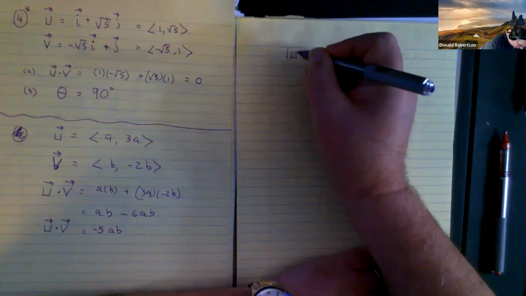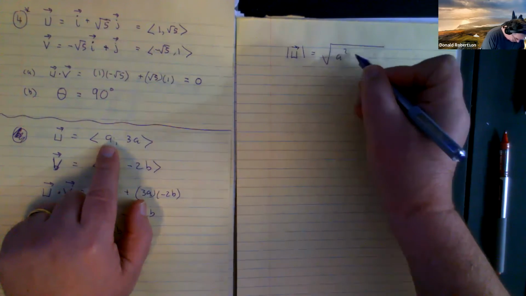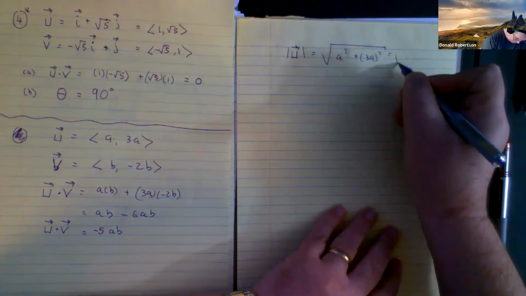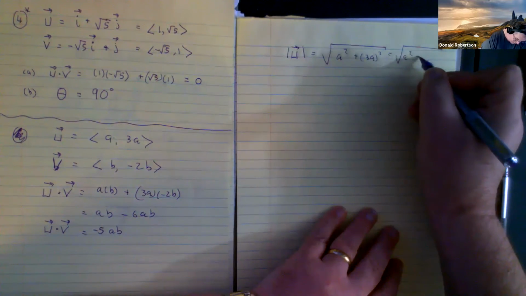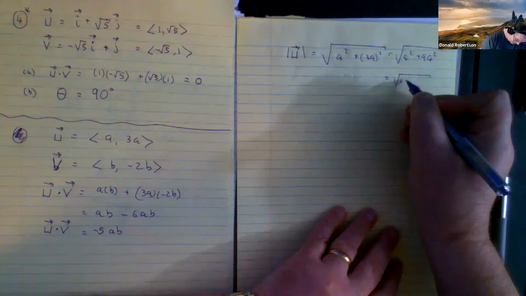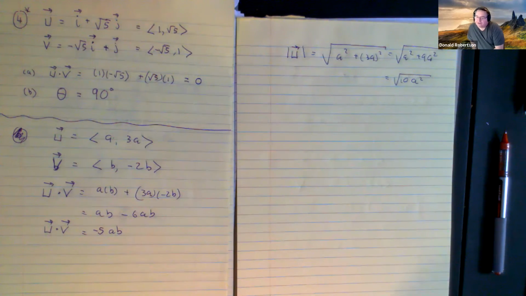The magnitude of vector A is the square root of A squared plus 3A squared, which is the square root of A squared plus 9A squared, which is the square root of 10A squared. So far, so good? Can you simplify that?